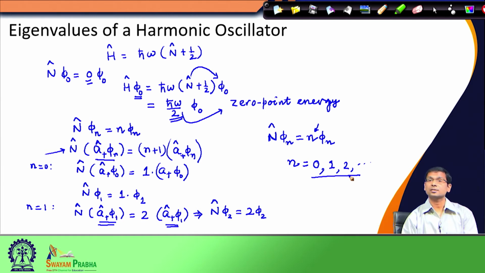This is quite a surprising result, because we see here a Hermitian operator which corresponds to a physical observable has eigenvalues that are dependent on the integers, the numbers that we use to count. So, this is the beauty of quantum mechanics that we are seeing.